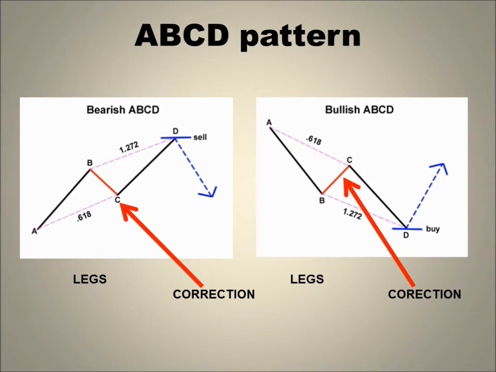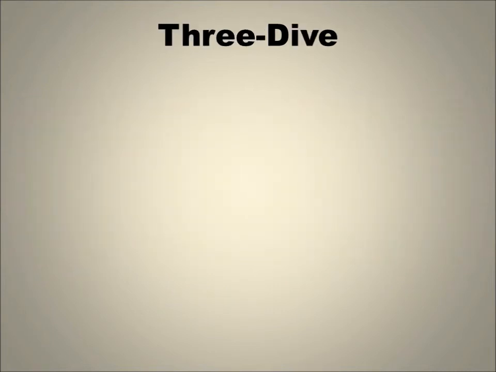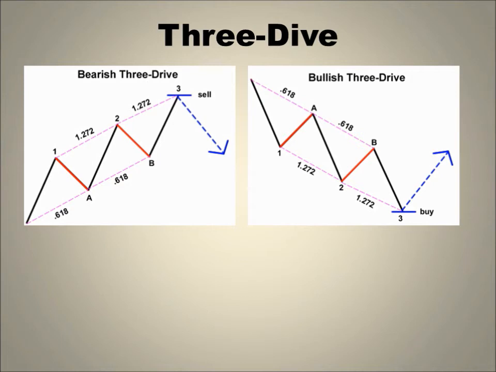Now, let's look at the 3 dive. The 3 dive looks like this. So here we have a wave that appears to be moving in a steady direction that is correcting itself. And again, we're reading Fibonacci. So here we have a perfect Fibonacci retracement of 0.618, as well as a perfect Fibonacci extension of 1.272.